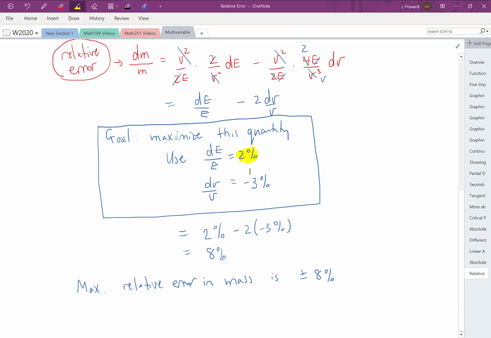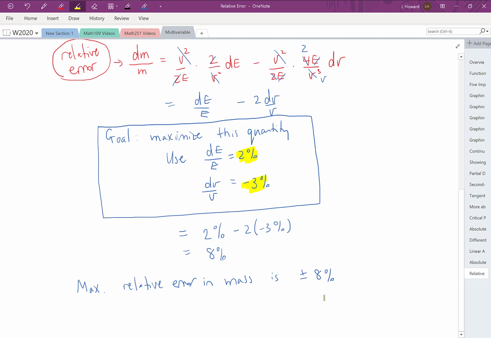If you had a relative error in the kinetic energy of negative 2%, and a relative error in the speed of positive 3%, just reversing the signs of what we did up here, that would give you a relative error in the mass of negative 8%. So usually when we're talking about maximum error, we just figure out the maximum absolute value of the error, and then we report it. When we report it, we say plus or minus that number.